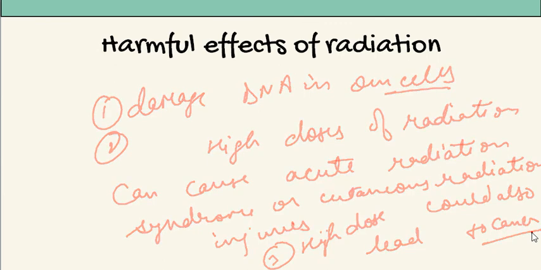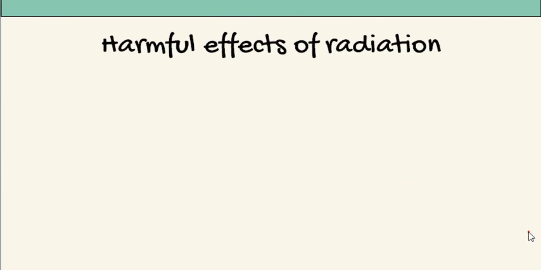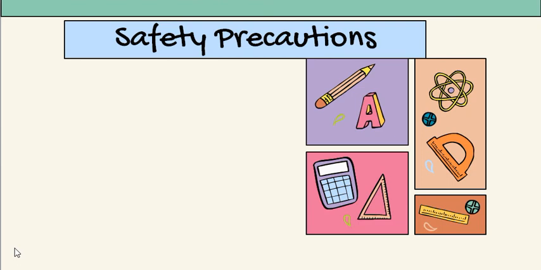Next we are going to discuss some safety precautions, that is, how we can protect ourselves from these radiations. First of all, whenever we are making a nuclear power reactor for generating power, it must be shielded with lead.